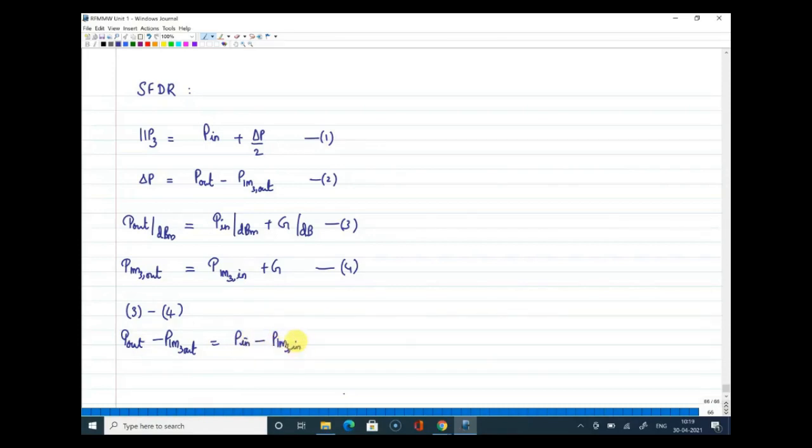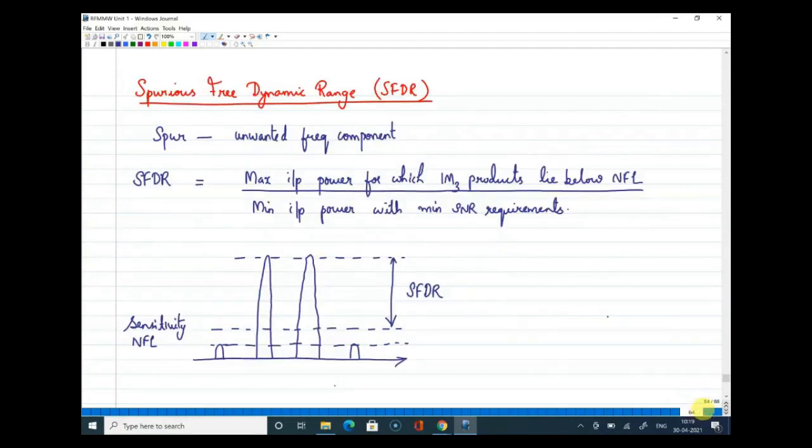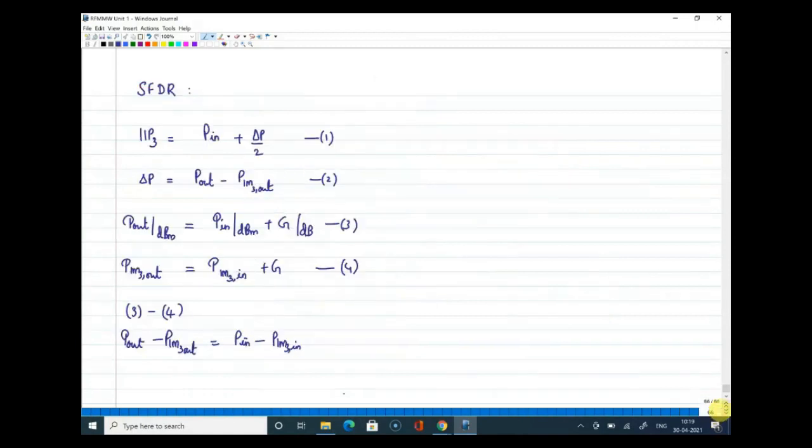So why I'm doing this here is, we define spurious free dynamic range such that the IM3 product should lie below the noise floor level. So that is why we are trying to bring the IM3 components into this equation.